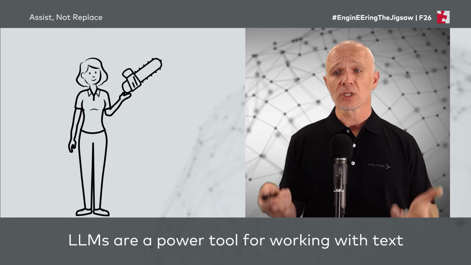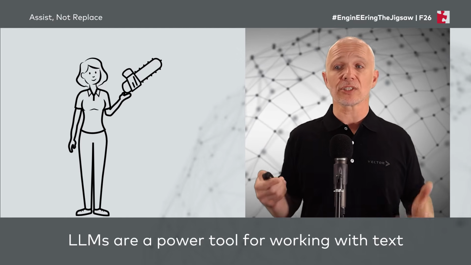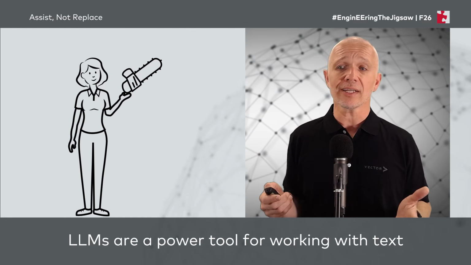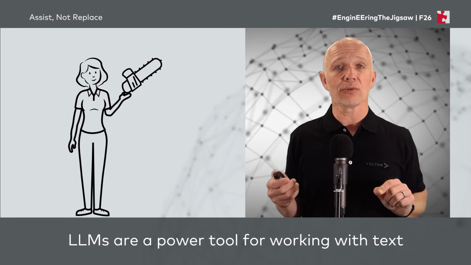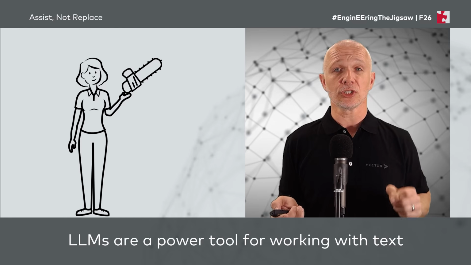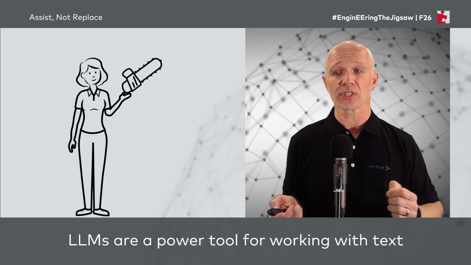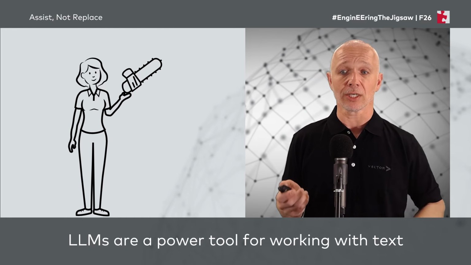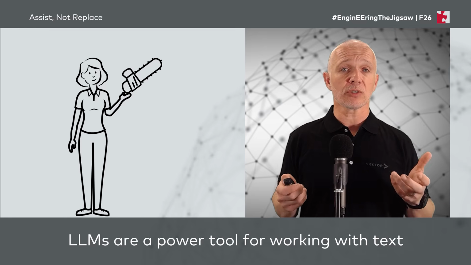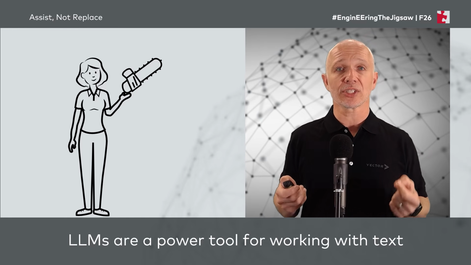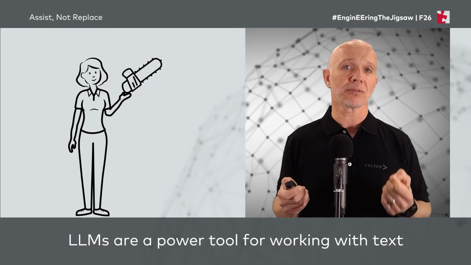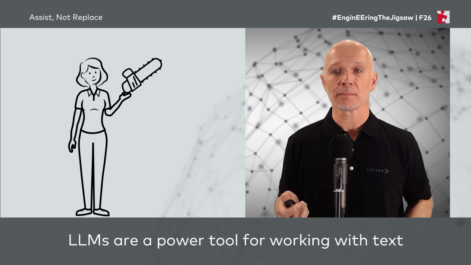As an example, a chainsaw accelerates a lumberjack's work when they are felling trees, but they do not replace the lumberjack's skill and judgment in how to fell trees in a safe and efficient manner. In the case of large language models, they can accelerate language-centric activities while keeping accountability firmly with the engineer.